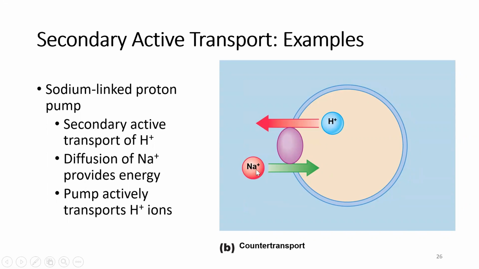We're moving sodium according to its concentration gradient. That liberates energy, reflected by the green arrow here, and that energy can be used by this pump to move hydrogen ions against their concentration gradient, which is indicated by the red arrow here. Again, this is referred to as counter transport because the particles are moving in the opposite direction.